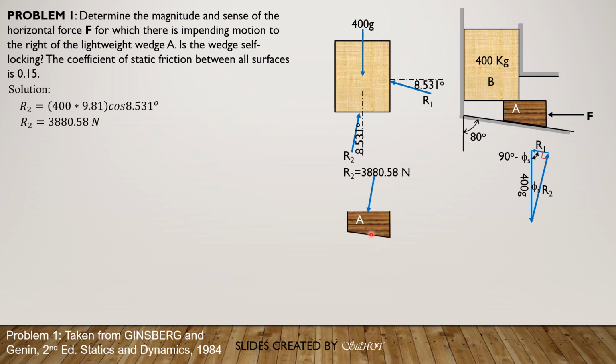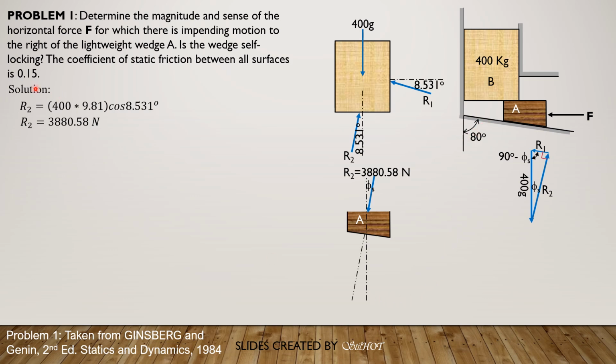Then the angle it makes with the vertical is equal to phi_s. And the normal on the underside of this wedge makes an angle of, because this is 80 degrees, 90 minus 80 or 10 degrees with the vertical.